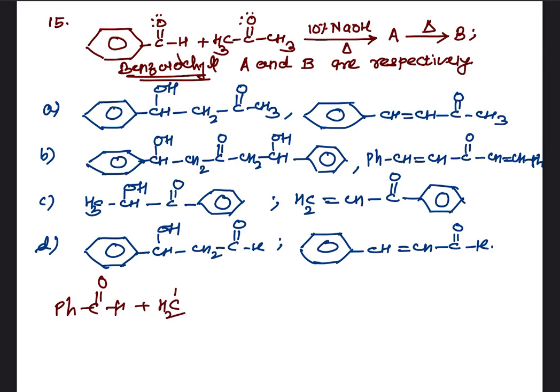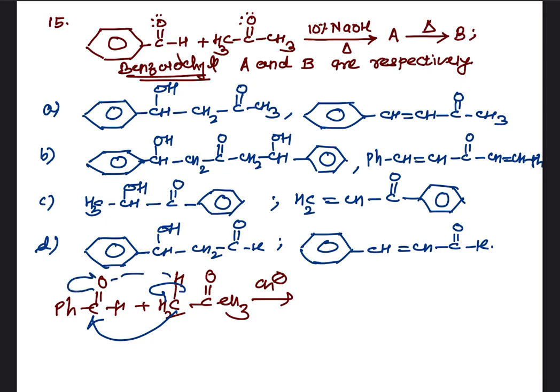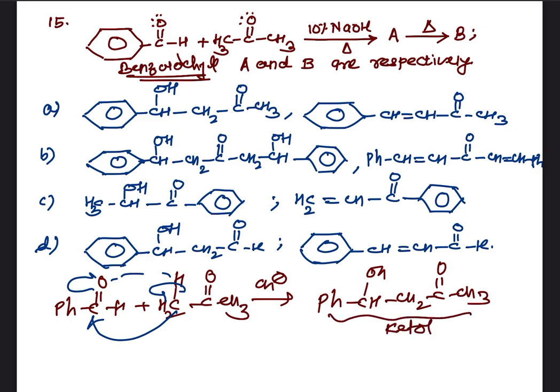For CH3 we can write like this: base, formation of carbanion, attack. So here A is... but again this is a ketol, like aldol, an alpha beta hydroxy ketone, but still alpha carbon with alpha hydrogen atoms is there.